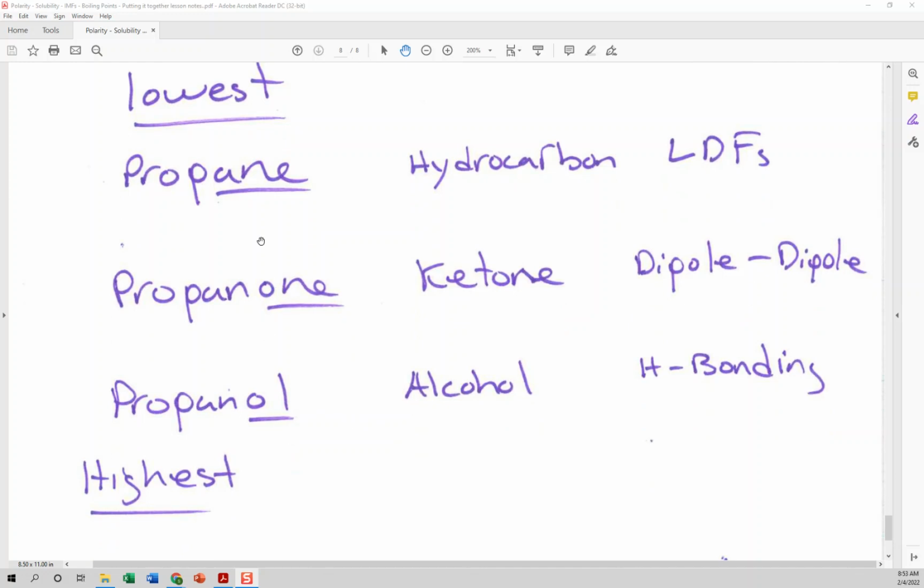And just by looking at the suffix: ane, hydrocarbon. Ene, hydrocarbon. Ine, hydrocarbon. Boom. Just London dispersion. One, or al, ketone, aldehyde. Dipole-dipole. Ol, hydrogen bonding.